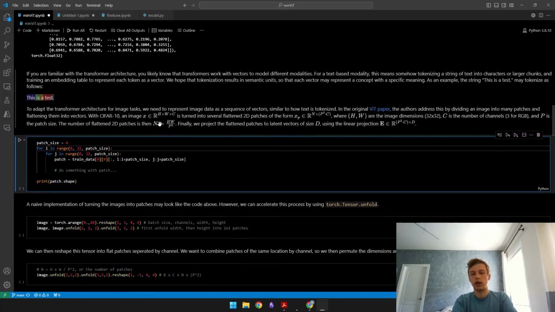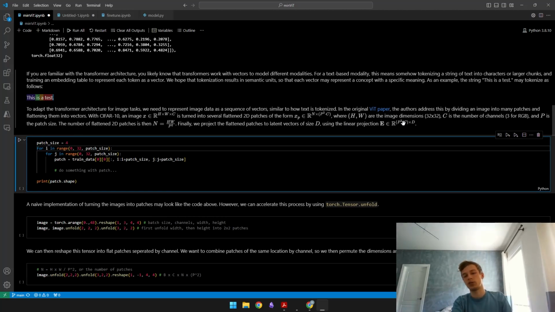So here, if we calculate the proper dimensions for N, which is the number of patches, it would be height times width of the image divided by the patch size squared. And we then flatten these into the latent dimension of the transformer, which we'll just call D for this case.